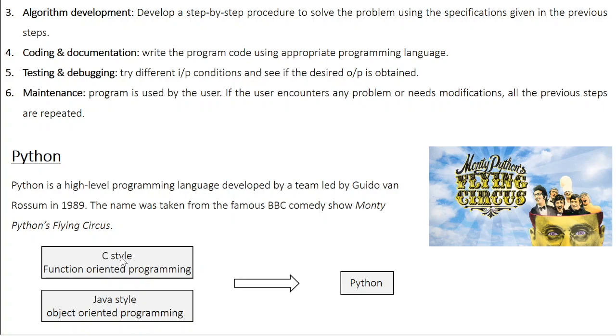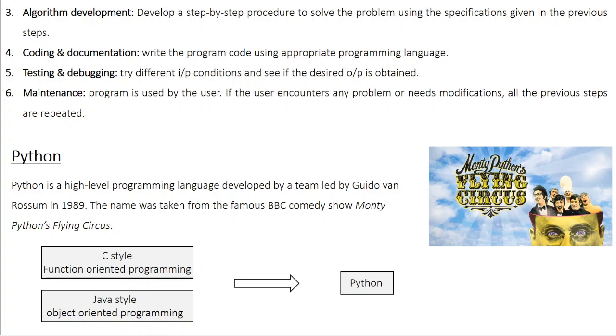There is an alternate philosophy, the one followed by programming languages like Java or C++. It says that the most important aspect of programming is the object or the data. So you should structure the entire program around data rather than functions. This is known as object-oriented programming.